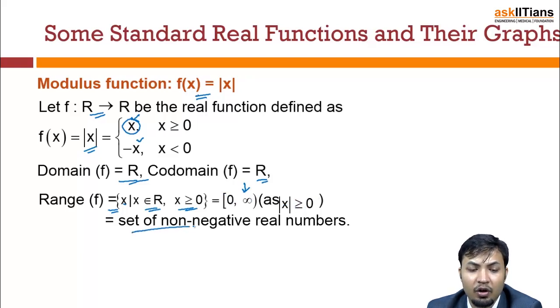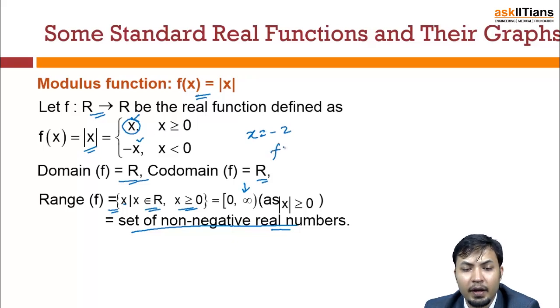It will be the set of non-negative real numbers. So no matter if you put x equals minus 2, my f(x) will be equal to 2, right? So no matter what the input is, the output will always be positive.